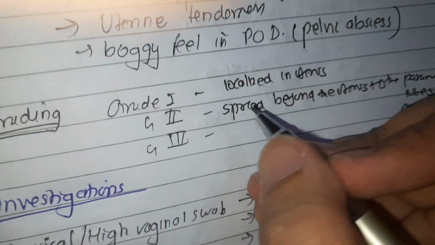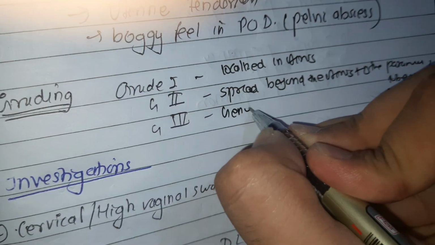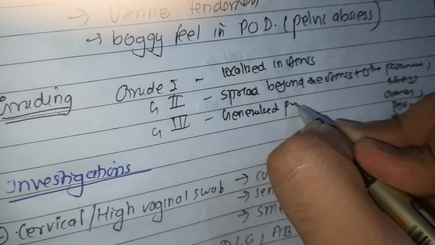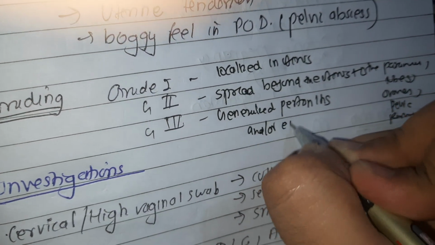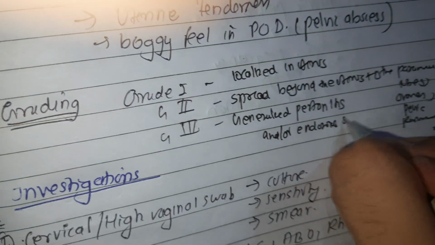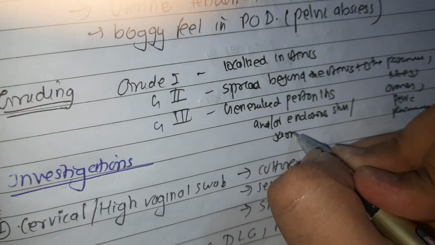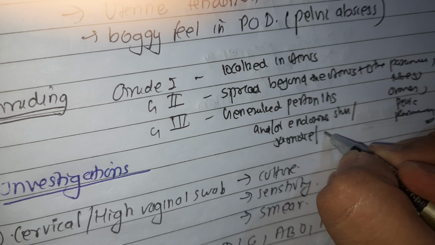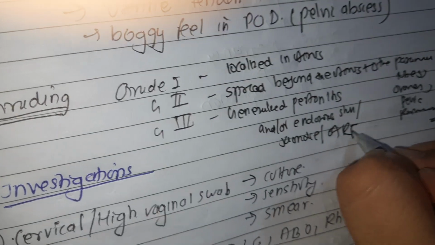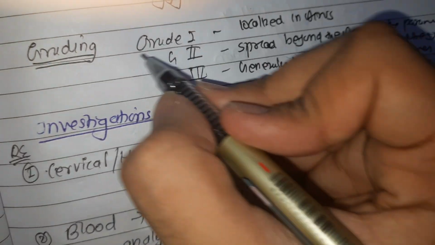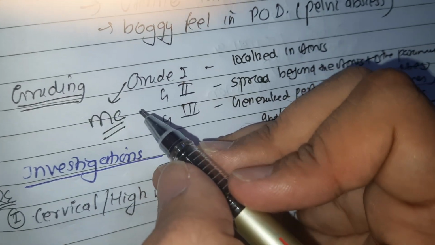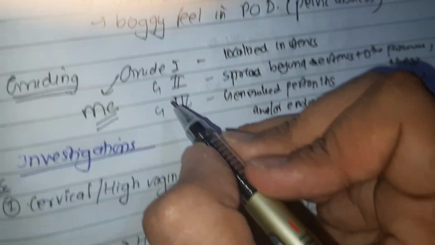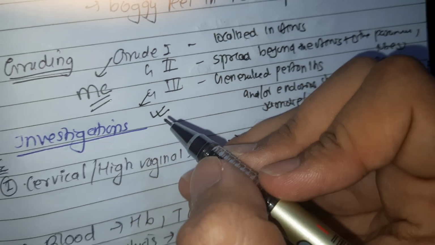In grade 3, there is generalized peritonitis and or endotoxic shock, or jaundice, or acute renal failure. Grade 1 is most common, and it is usually associated with spontaneous abortion. Grade 3 is almost always associated with illegal induced abortion.